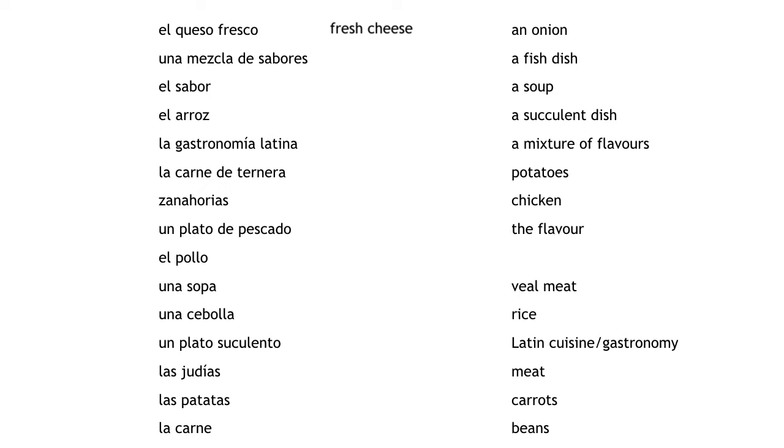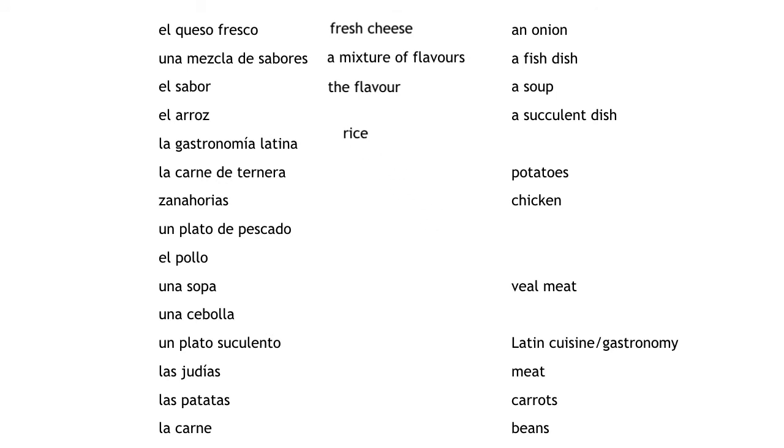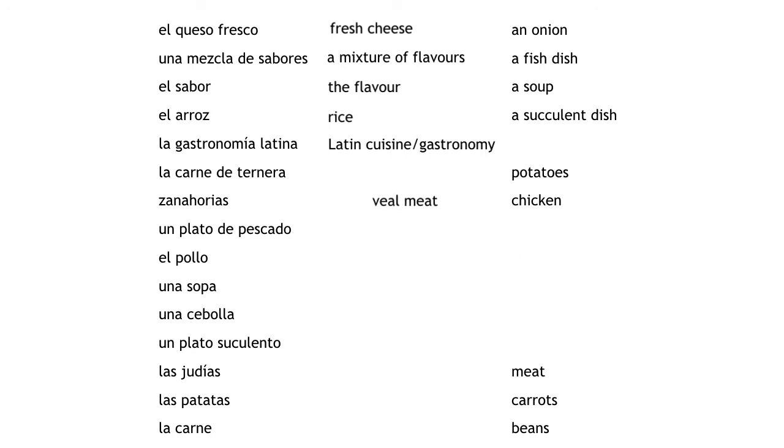Okay, let's go through it. Una mezcla de sabores is a mixture of flavors, and therefore el sabor is the flavor. El arroz is rice. La gastronomía latina, Latin cuisine or gastronomy. La carne de ternera is veal meat. Las zanahorias, carrots.